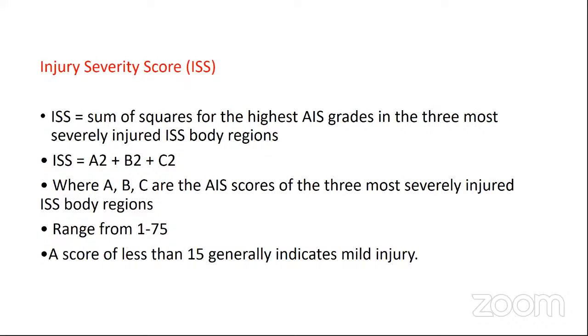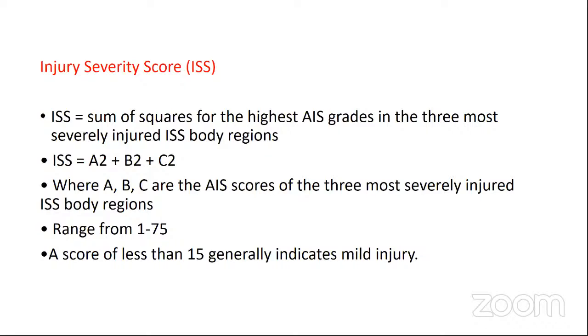So we have calculated the AIS score of each and every body part, for example the face, abdomen, and chest. So how is the ISS score calculated from the AIS, or Abbreviated Injury Scale?